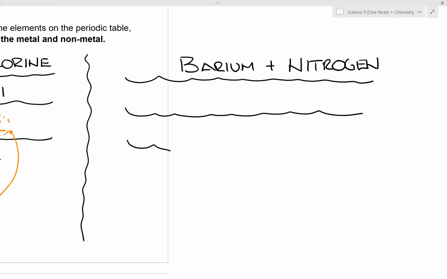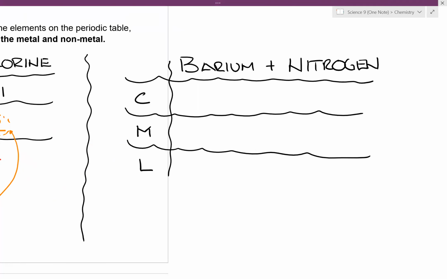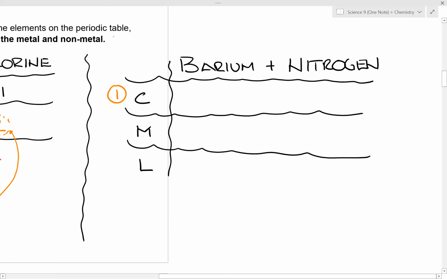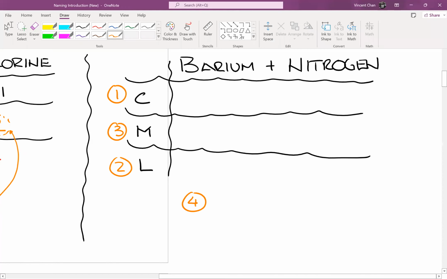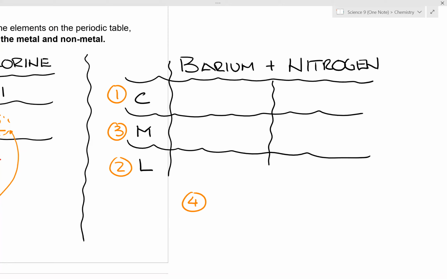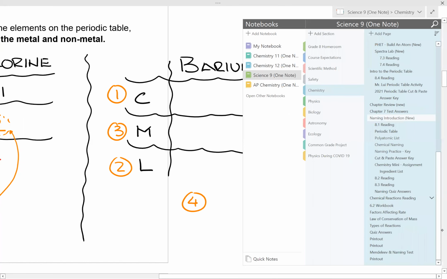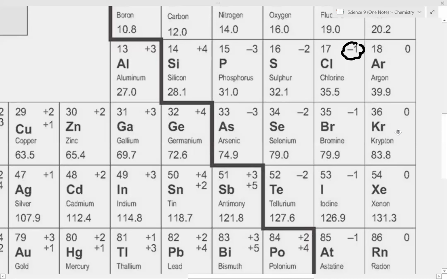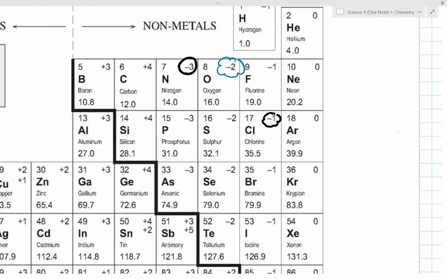What we have here is the charge, I'll just write the C, the multiplier, and the LCM. And I'm just going to go 1, 2, 3, and then the last step is 4. So again, we look at the charges. Looking at your periodic table, let's look for nitrogen first. Nitrogen, you notice it's a -3 right here.